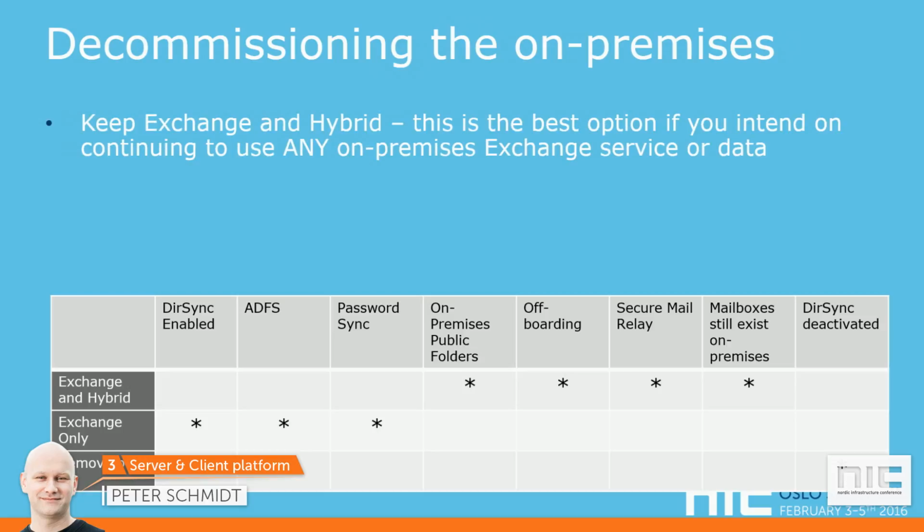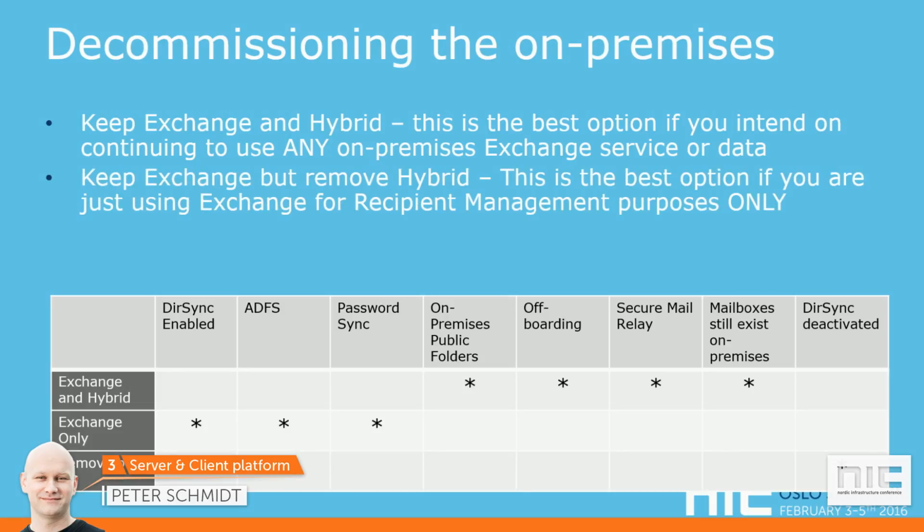So what we can do, though, is keep Exchange and hybrid. And we would need Exchange if we still had hybrid data. But we could also remove our Exchange environment and keep the hybrid. And with the hybrid, we are referring to just leaving behind one Exchange server, which we are using as the hybrid role.